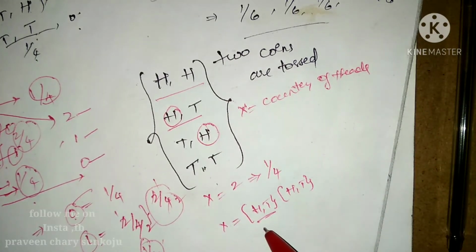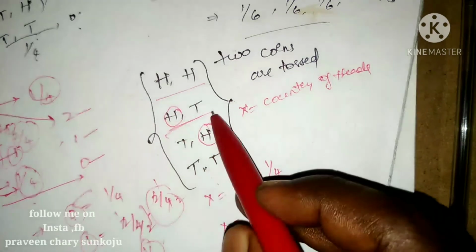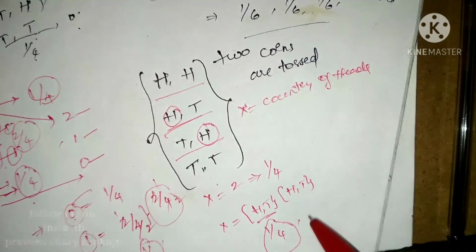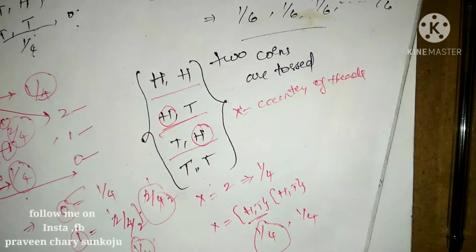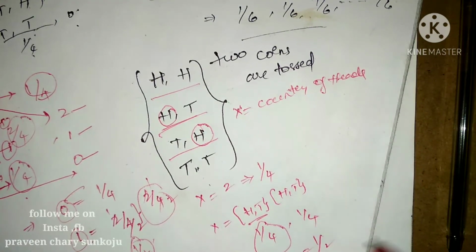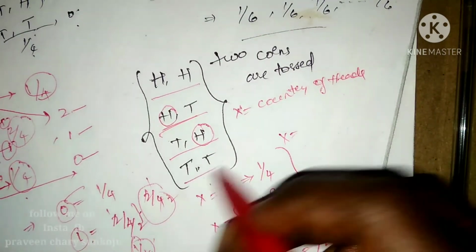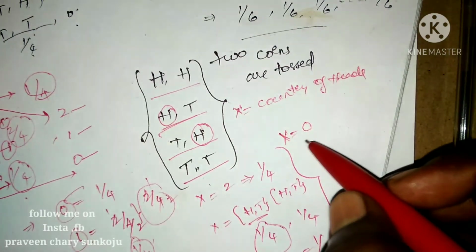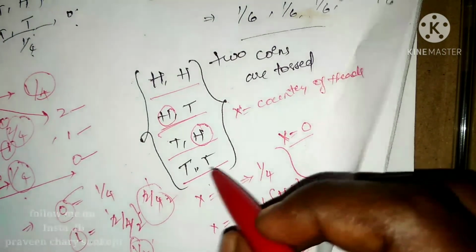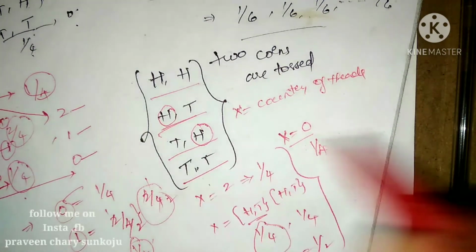Here we are having 1 by 4, and this is also 1 by 4. This is going to be 2 by 4, that is equal to 1 by 2. And similarly, when x is equal to 0, because there are no heads, this is the one trial of 4 trials, that is 1 by 4.